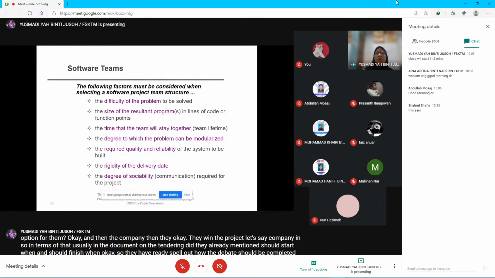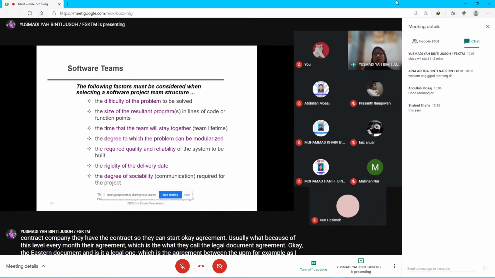The agreement is usually what we call a service level agreement. It is a legal document, an agreement between UPM, as I mentioned as an example, and the company. That service agreement is very important because it mentions everything in legal terms.